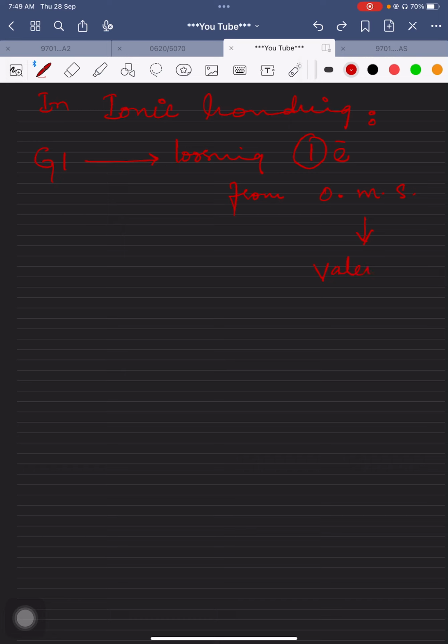Remember, there is one more point: it is always the electrons of the outermost shell, the valence shell, which are involved in all types of bonding. The rest of the electrons, which are closer to the nucleus, are never part of any type of bonding.